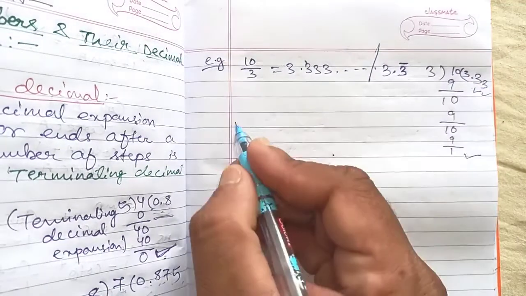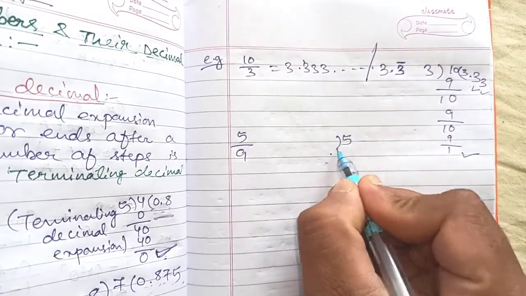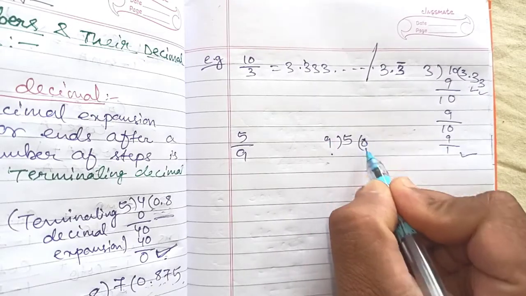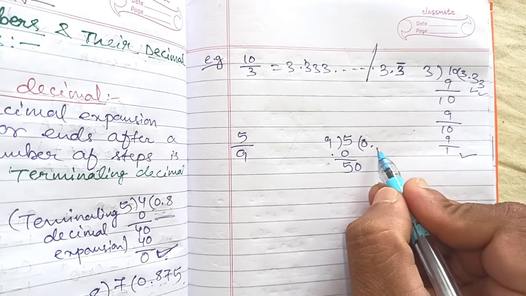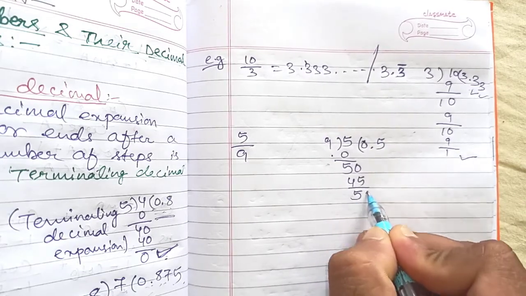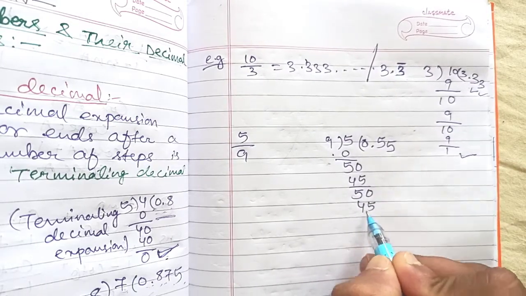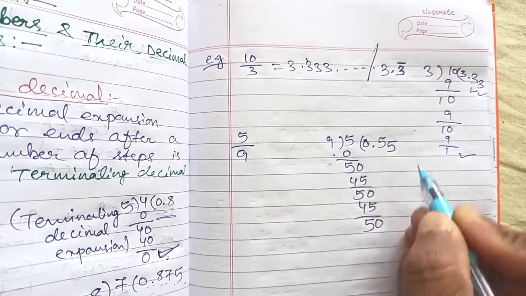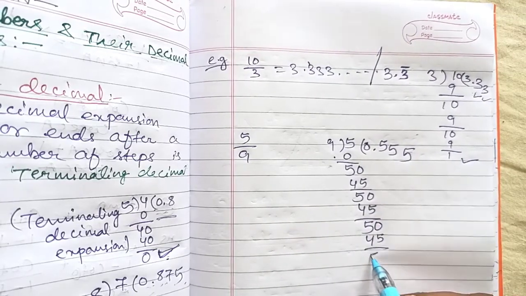One more example we will see, like 5 by 9. I will divide 5 by 9. 9 zeros are 0, 5 carry, we put a decimal, it becomes 50. 9 5s are 45. Again 5, again we carry 10. 9 5s are 45, again 5. You can see clearly which number is repeating. 5 is repeating again and again.